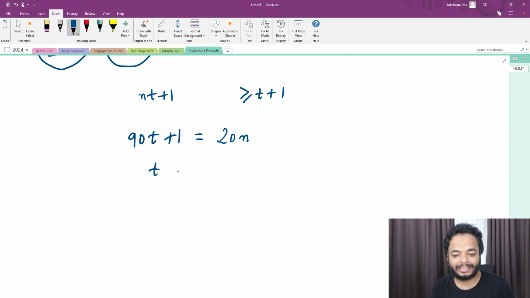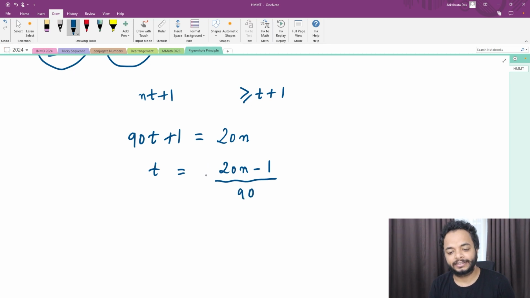So what is t? t is (20n minus 1) divided by 90. It might not be an integer, or it might be, so to be safe, let's take the floor function. So now t is this.